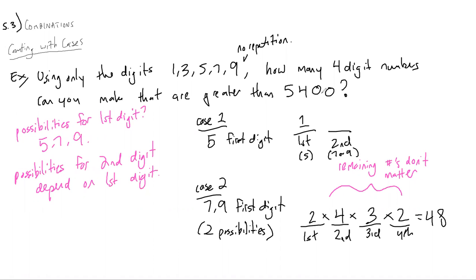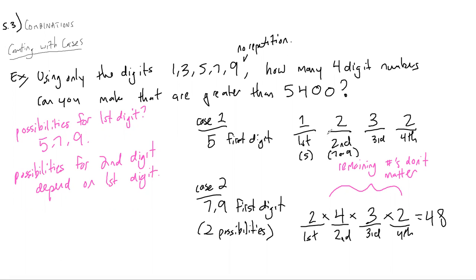So there are then 2 possibilities for that second digit. But now if I'm starting with a 5, 7, or a 5, 9, it no longer matters again. So then I can choose anything that's left. Since I picked 2, there's 3 remaining. Now I've chosen 3, so there's 2 remaining.